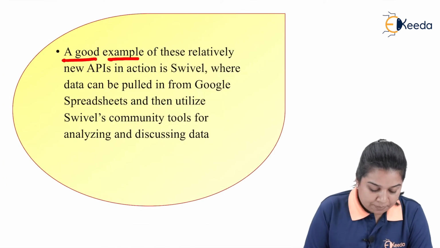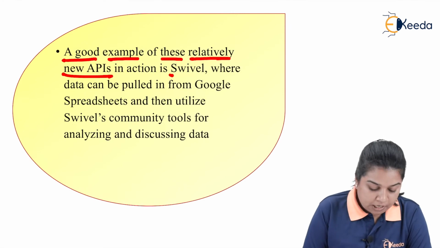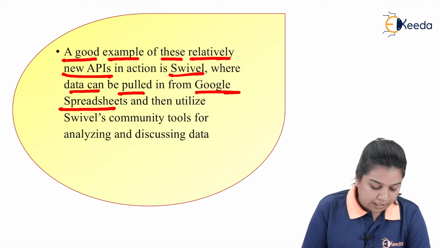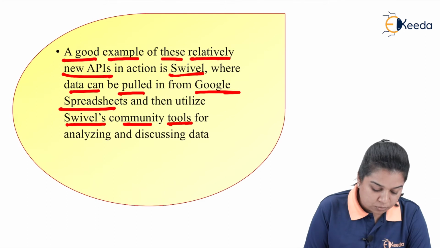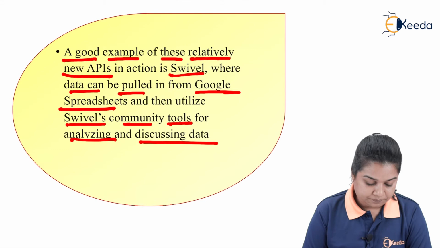A Google example of these relatively new APIs in action is Swivel, where data can be pulled in from Google spreadsheets and then utilize Swivel's community tools for analyzing and discussing data.